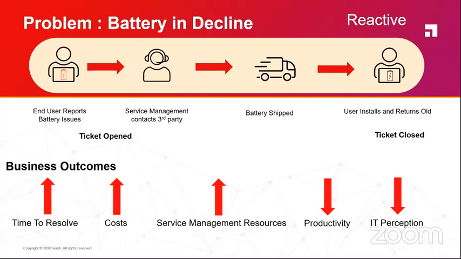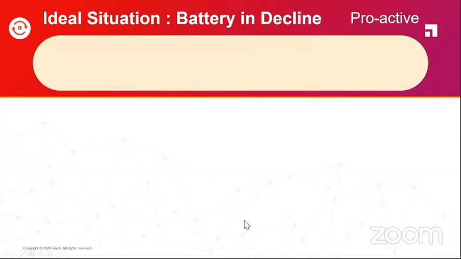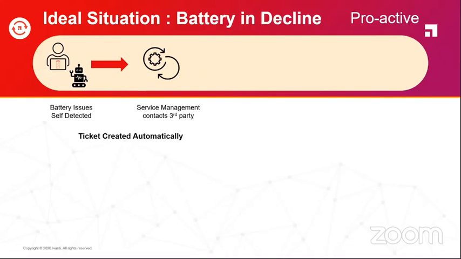So what our customer did was they took Ivanti Neurons for self-healing and they changed how they worked this process. Ivanti Neurons would regularly check battery health across the entire laptop estate. When a battery performance started to decline, a ticket is automatically raised. This triggers a purchase request to the battery supplier.